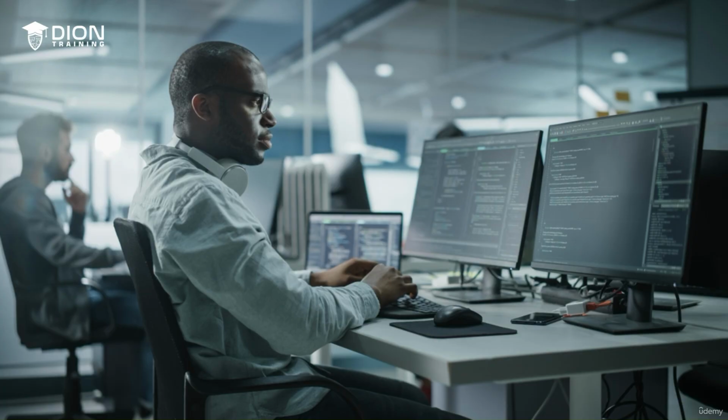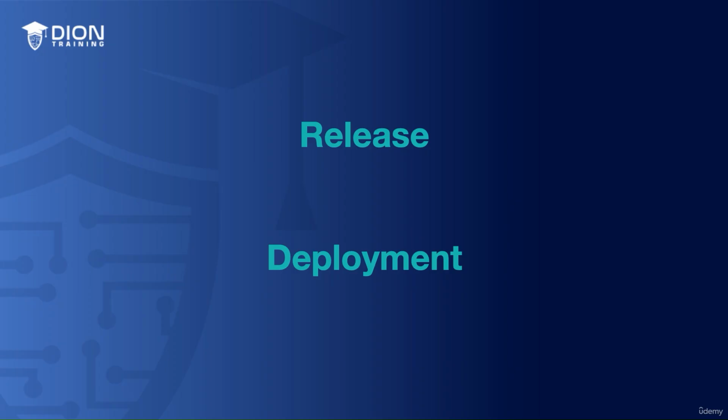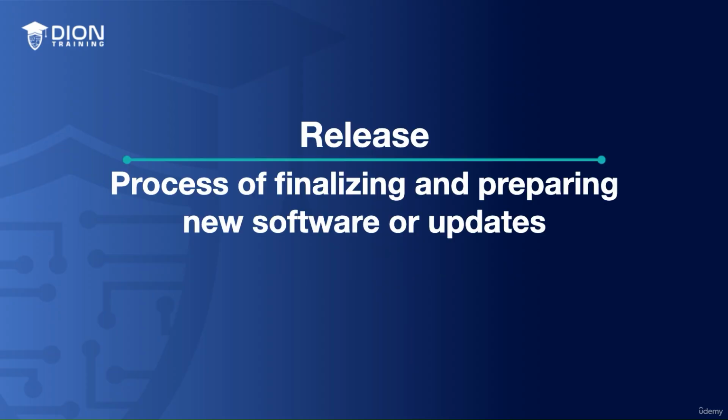Now that the software is being continuously integrated, it still needs to be prepared for release and deployment. When we talk about a release, we're talking about the process of finalizing and preparing new software or updates, verified through continuous integration, for delivery into a specific environment.